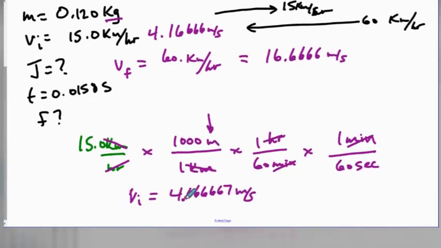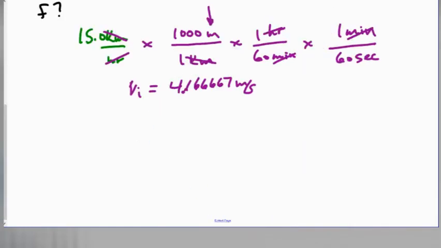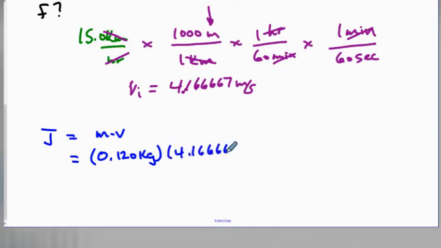So what I can do, and there's more than one way of doing this, I'm going to do it the long way the first time. I'm going to say that my first momentum, my J, was equal to its mass times its velocity. And so I had a mass of 0.120 kilograms, and it was moving at 4.16 repeating meters per second.